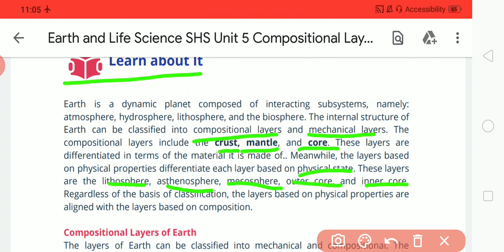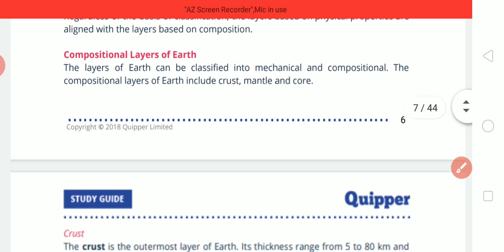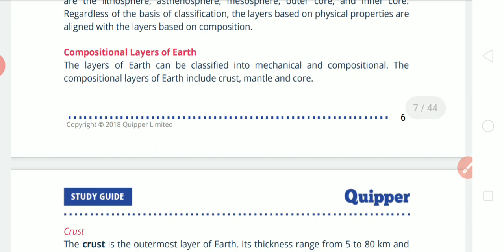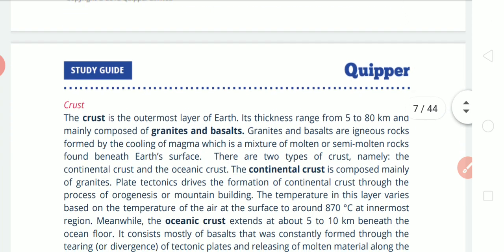So, regardless of the basis of classification, the layers based on physical properties are aligned with the layers based on composition. Okay. So, under the compositional layers of the Earth, we have here the crust.